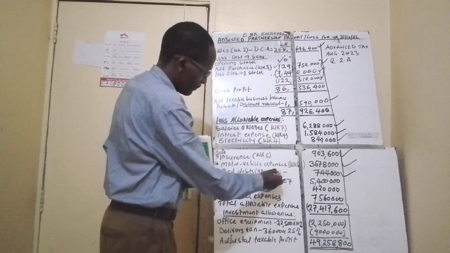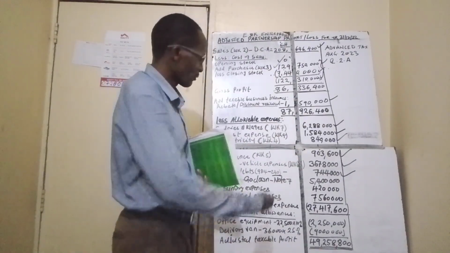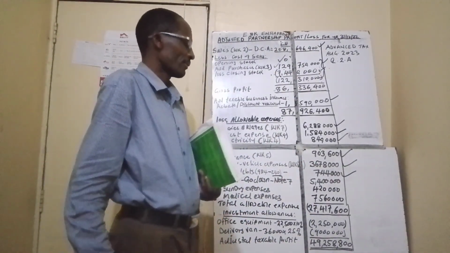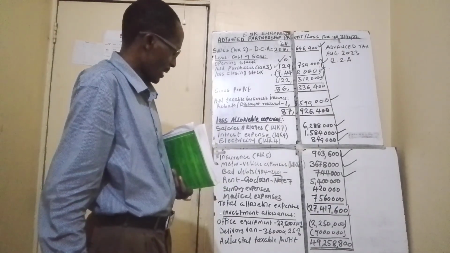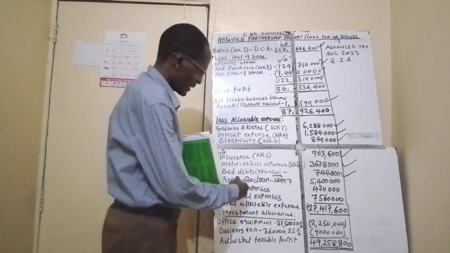Because 240 relates to a partner, I have to do away with the 240 so that I'm left with the bad debts relating to the sales alone.